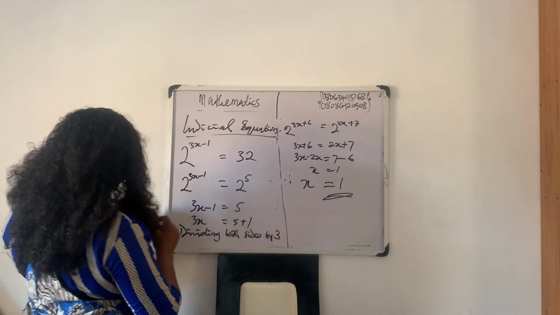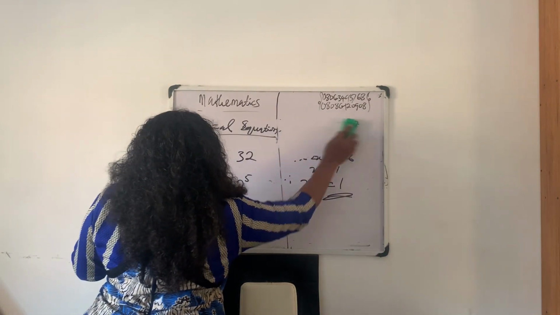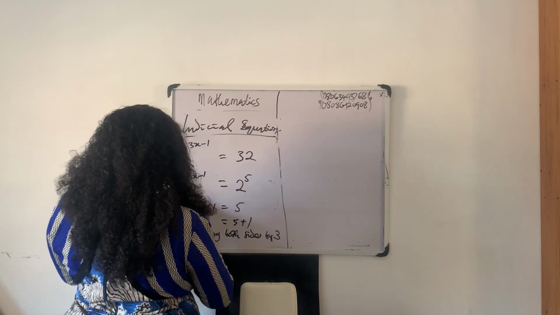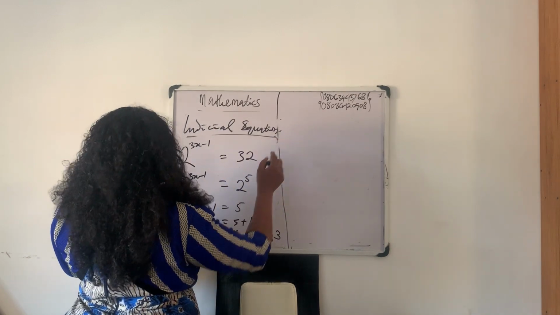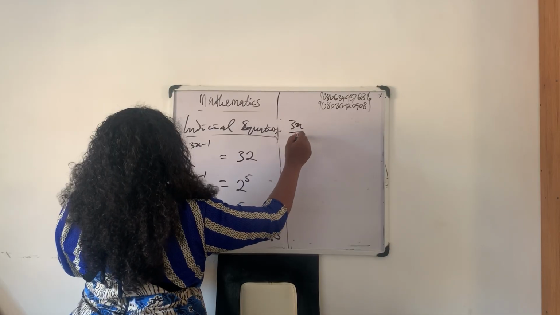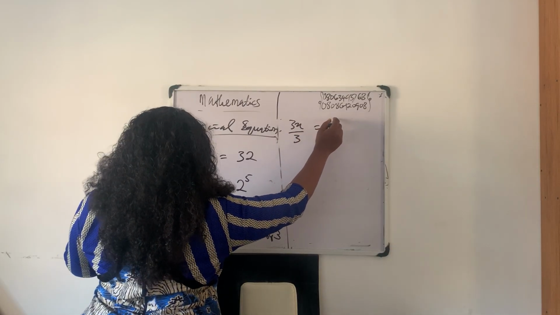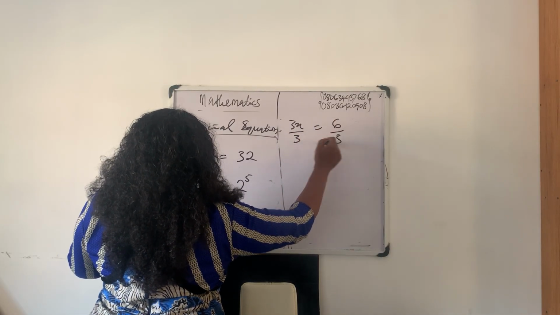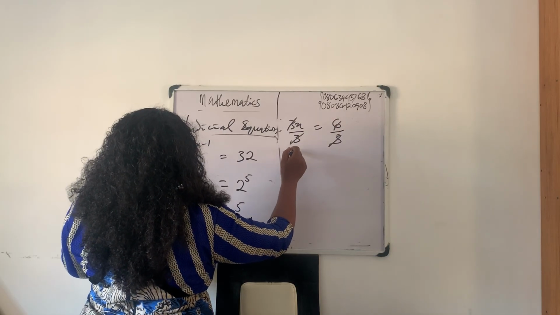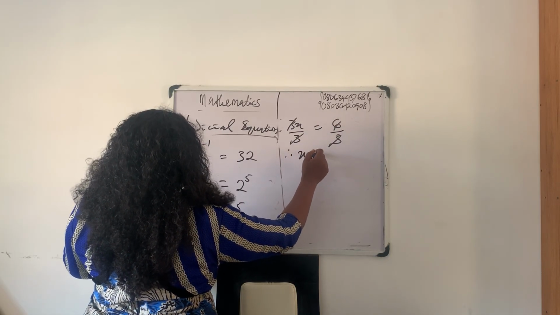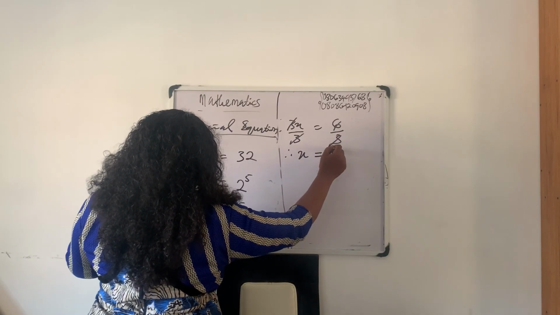Dividing both sides by 3 becomes 3x all over 3 equal to 6 all over 3. The 3 is gone. 3 into 6 is 2. Therefore, x equal to 2.